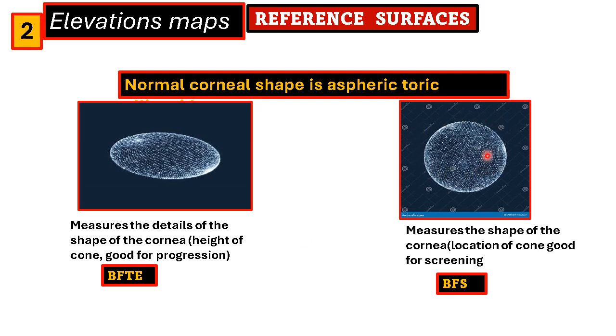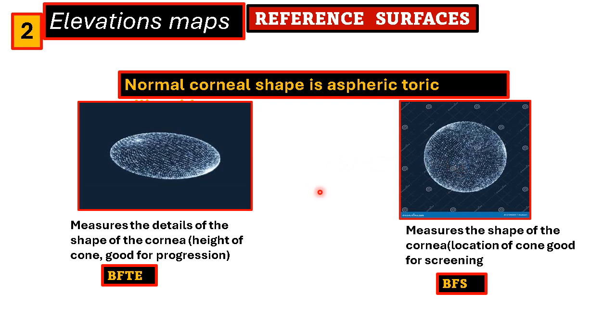The best fit sphere is a regular sphere with equal radius of curvature in all directions. This way of assessing the corneal elevation is very useful to give a good localization of the cone, and also useful for screening for keratoconus.